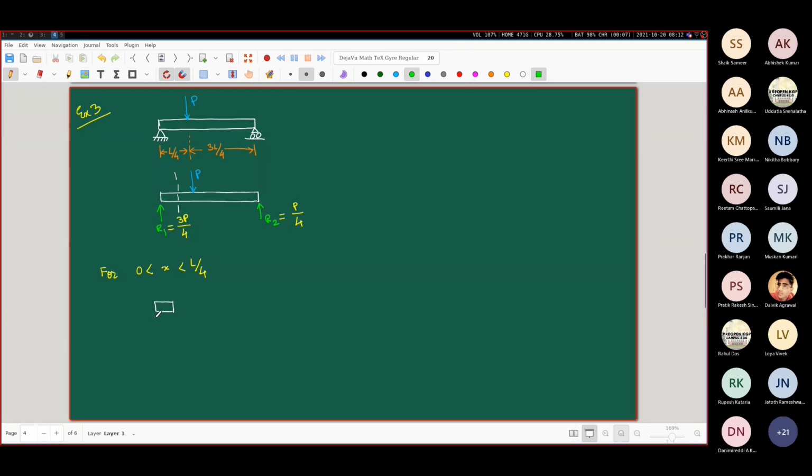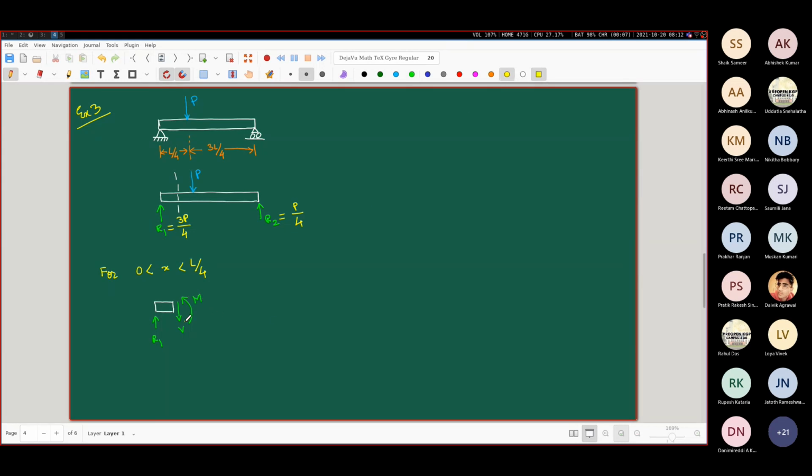I have my R1 present over here. I do not have the influence of the P on this portion of the beam. Rather, what I only have is this internal shear force V and this bending moment M.